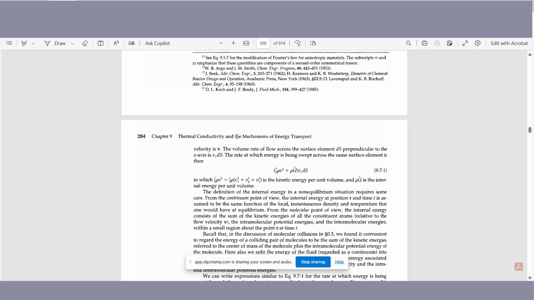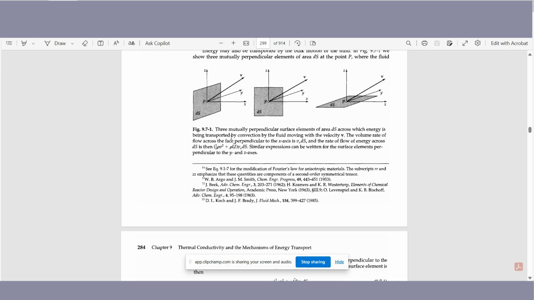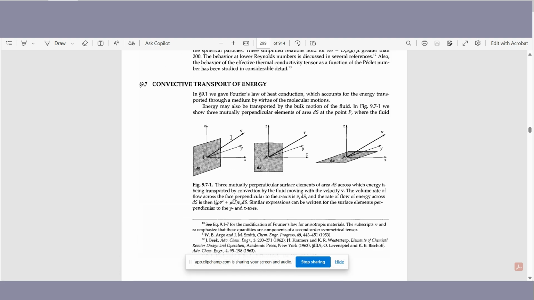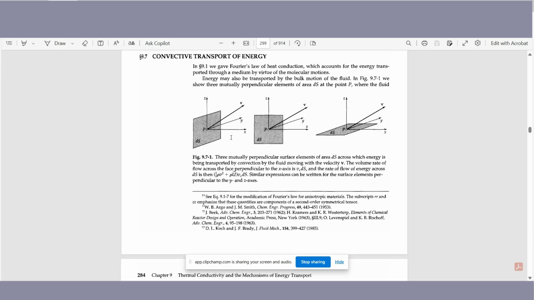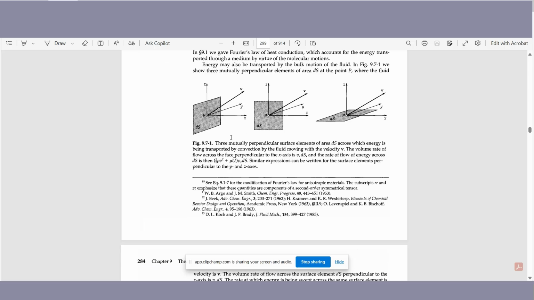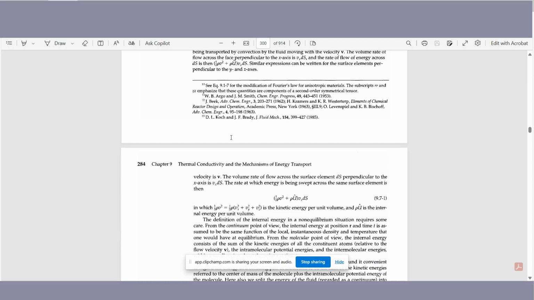This says energy may be transported in a bulk motion of fluid. That's the same as our case. Fluid is going into the crevice. We show three mutually perpendicular elements of the area dS. Our system is three-dimensional, so that also applies at the point P, where the fluid velocity is capital V, in Cartesian.